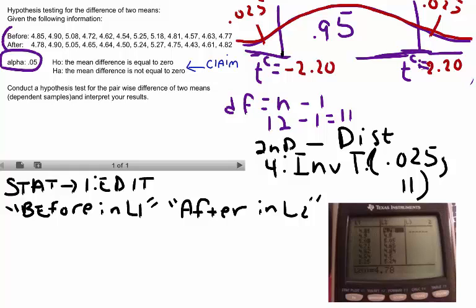After you enter your data, you'll want to check both lists to make sure everything's been entered accurately. Now that you've entered data into L1 and L2, you'll need to enter the pairwise differences into L3, and it's from L3 that we'll conduct our t-test.